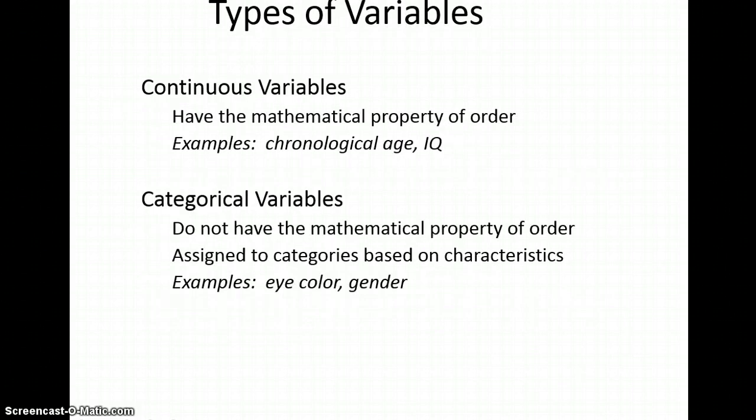Variables are often categorized as continuous variables, like inches, which measure distance, age, or IQ, or categorical variables, like age groups and gender.